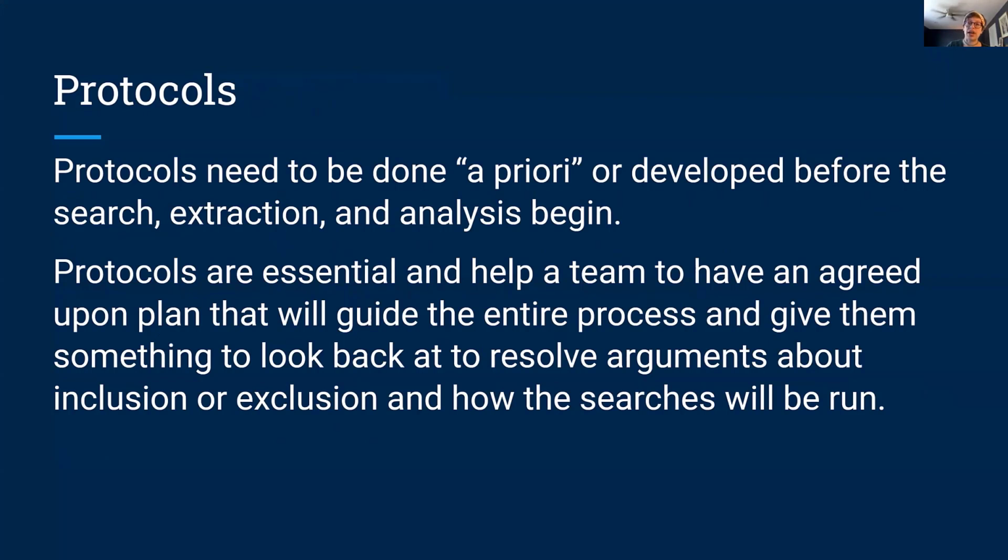So once you have that written down and recorded, it's really going to help your team to have an agreed upon plan. So as everyone's working independently to blind review things, it gives them something to look back at to say, what were the rules that we decided on? Should we include this? Should we exclude it? And how the searches were run for the librarian. So that will all be agreed upon before you even begin the process.